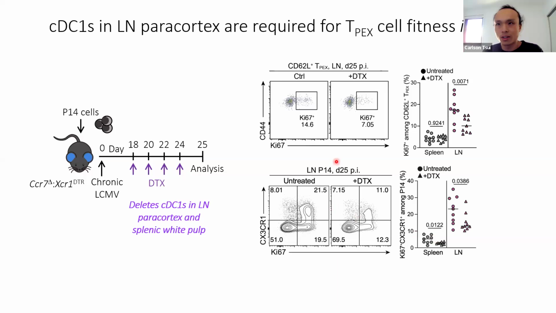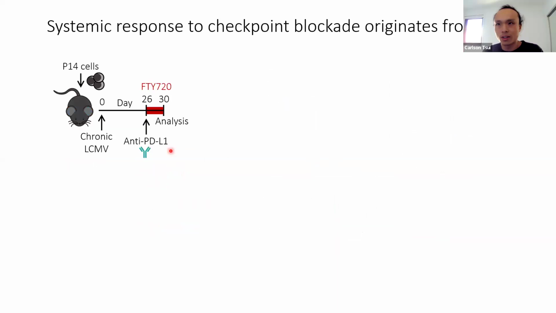Given that cDC1s have previously been shown to be essential for the effects of ICB, both in chronic infection and cancer, we asked whether the spleen and lymph node would differ in their contribution to the overall output in response to ICB. So we conducted this simple experiment to address the question.